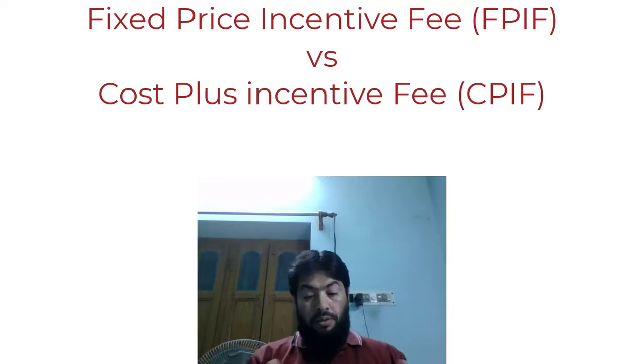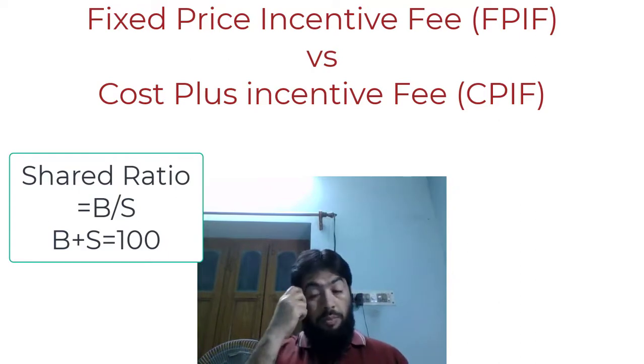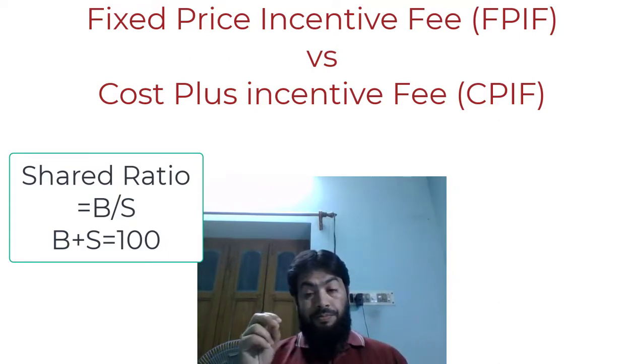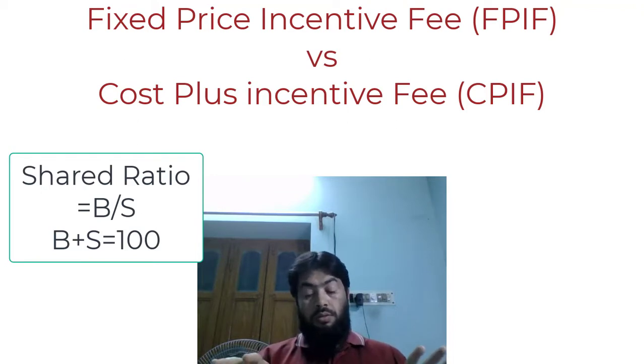And both have a share ratio between the buyer and seller. A share ratio is two numbers, and the sum of the two should be 100%. It can be 80-20 or 50-50. The first term is for the buyer, the second term is for the seller.